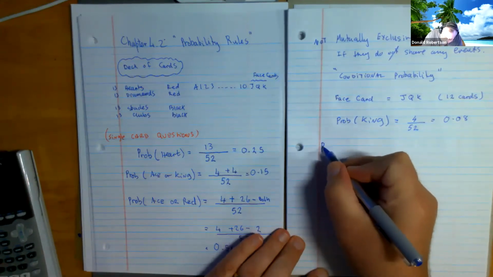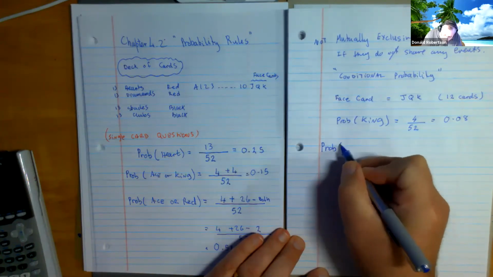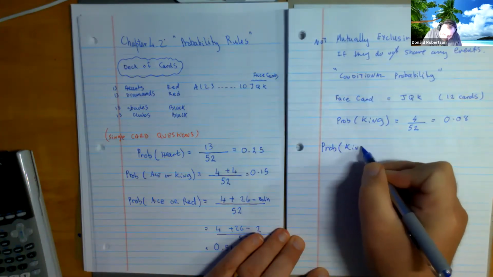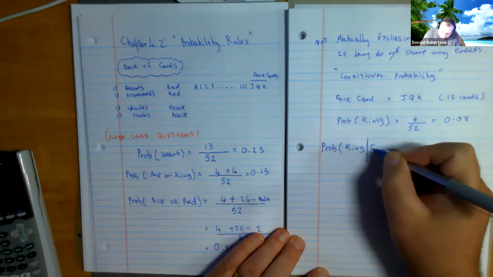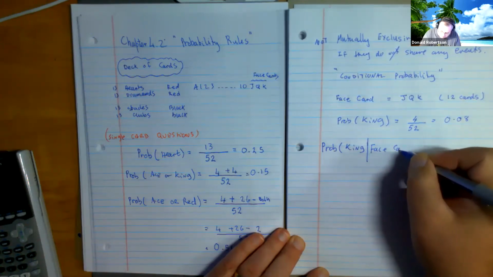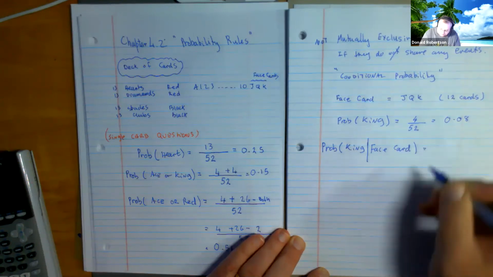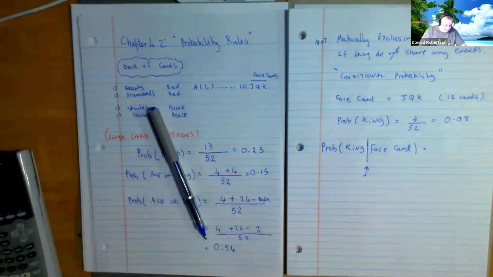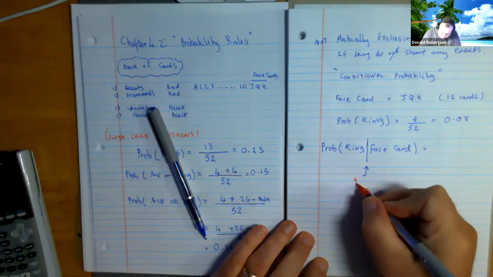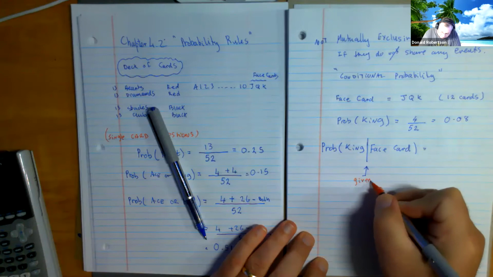But you will sometimes be asked to find what's the probability that you get a king given that it's a face card. So that vertical line is used to represent the word given.